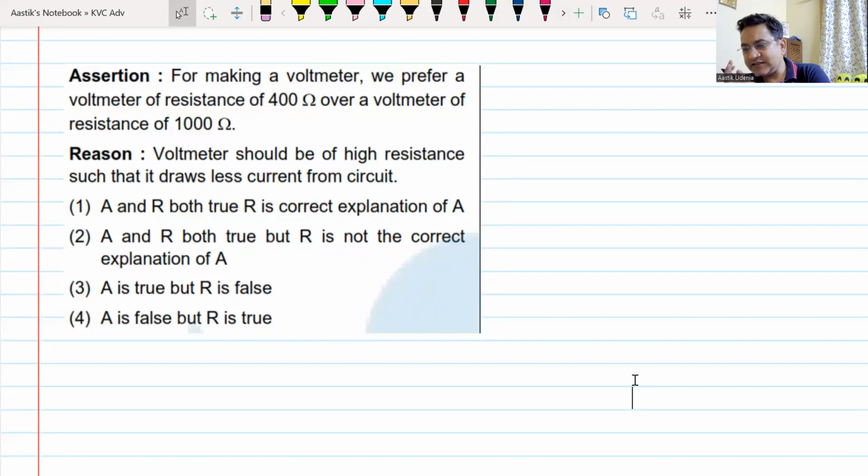A voltmeter should be of high resistance such that it draws less current. Option 3, sir. A is correct, R is false.